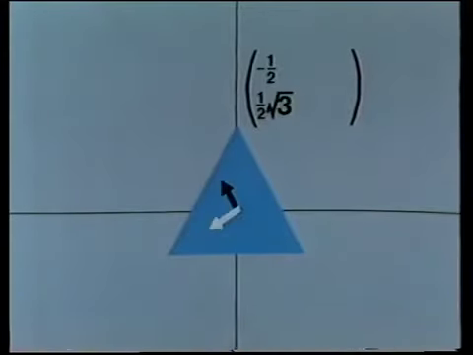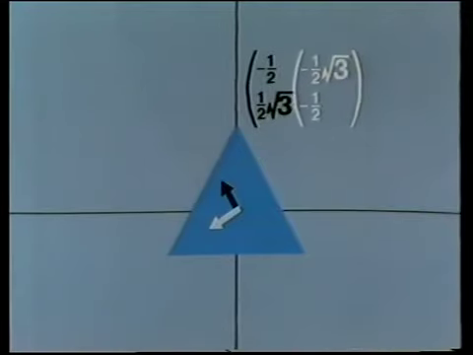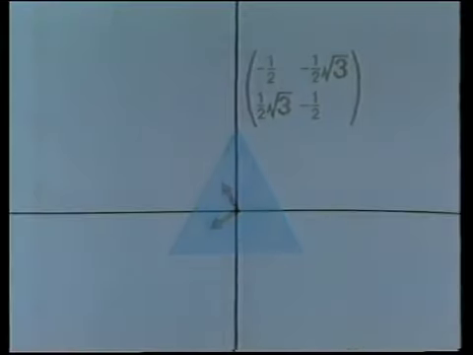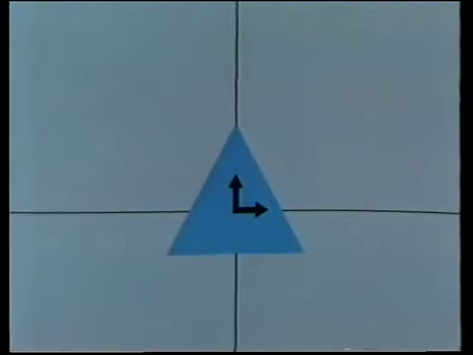And this is the image of the second basis vector. Finally, we'll look at the identity symmetry, the one that leaves the triangle in its original position. Both basis vectors stay where they are.